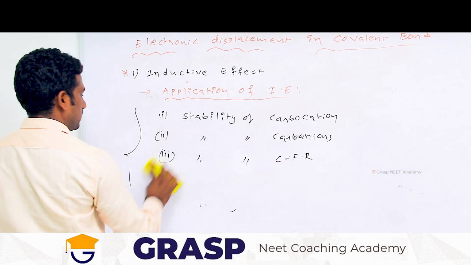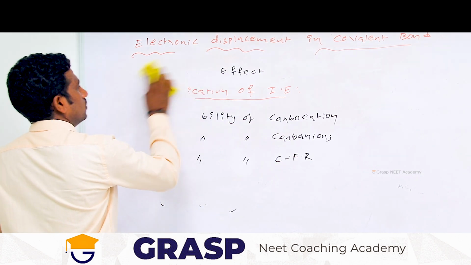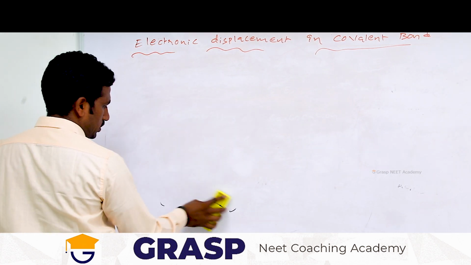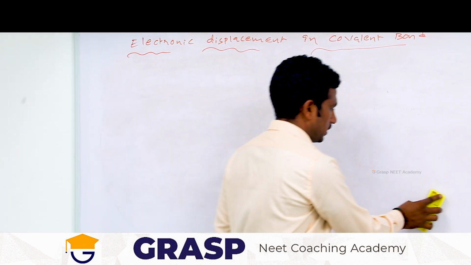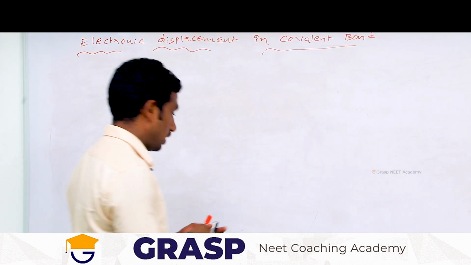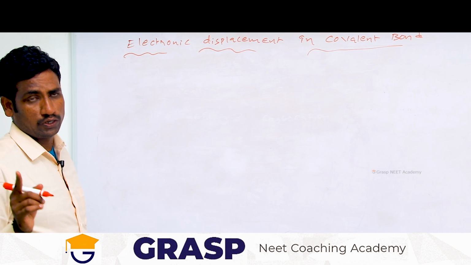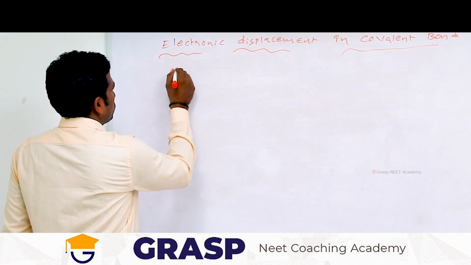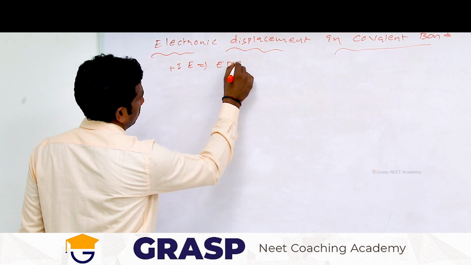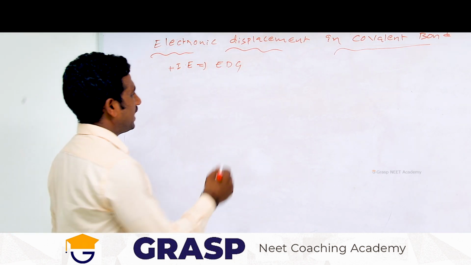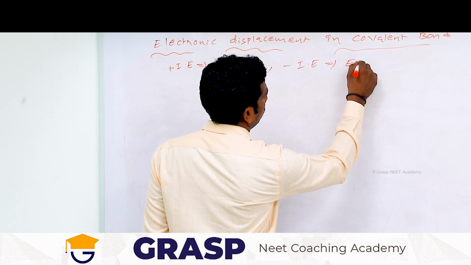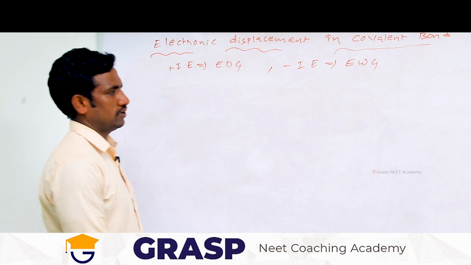That will be explained by the mesomeric effect, which we can learn later. Plus I groups are called electron donating groups. Minus I groups are in general called electron withdrawing groups.